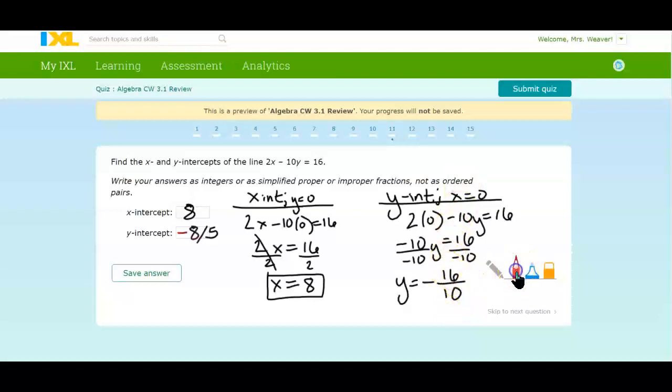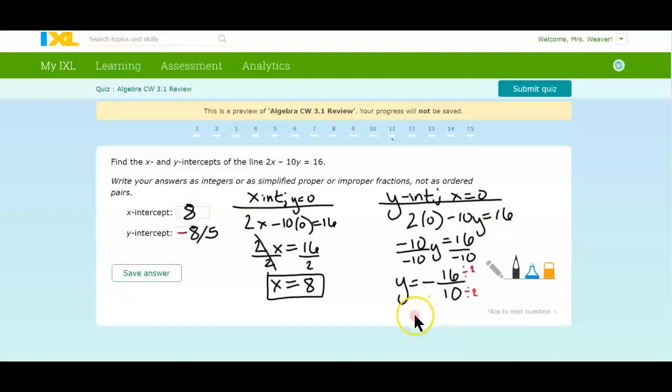I can divide these both by 2. And what's happening is I am basically multiplying this by 1/2 divided by 1/2, which is multiplying it by 1. Because anything divided by itself is 1, and I can multiply anything times 1 and it doesn't change its value. That's what happens when I reduce a fraction.